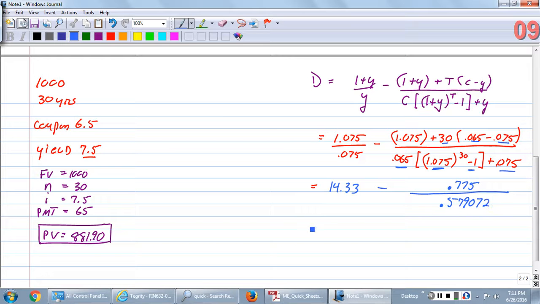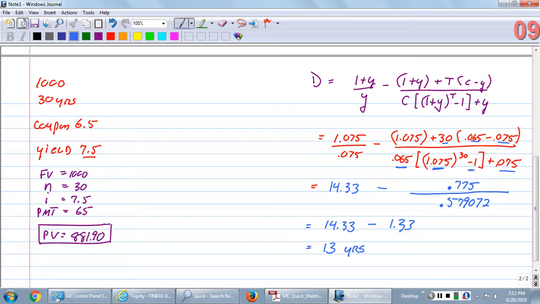Long number there. This gives me 14.33 minus 1.33 approximately, which gives me a duration measure of 13 years. So the duration of this bond is 13 years.